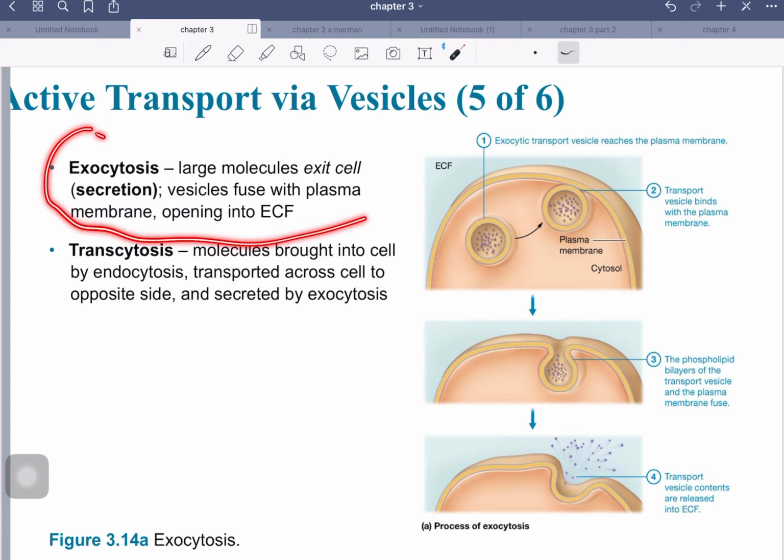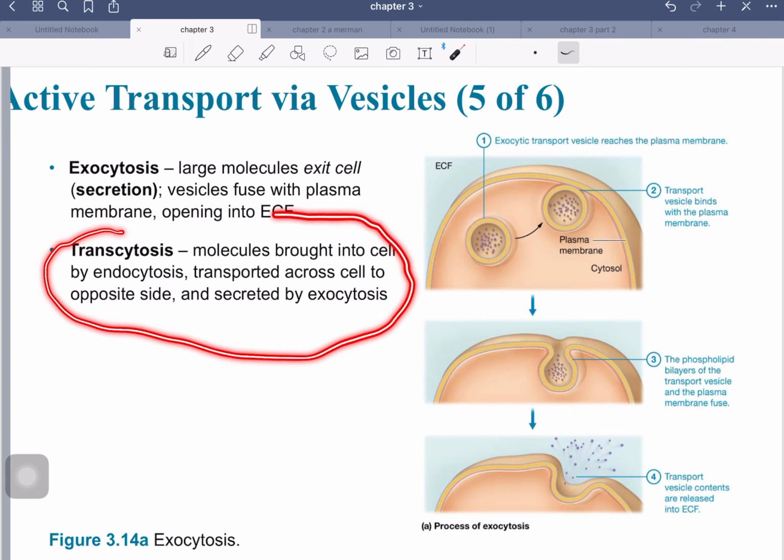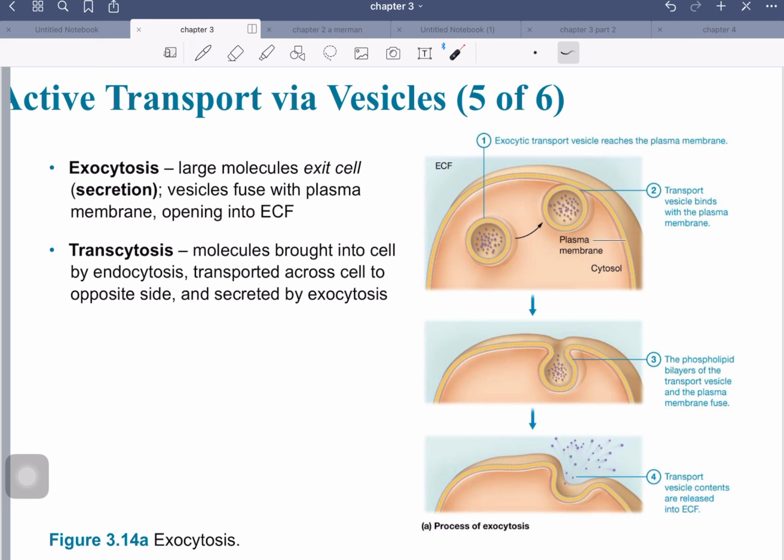Okay, so exocytosis. Now, there is a version of transport which we call transcytosis. And this is interesting because transcytosis is endocytosis followed by exocytosis. So material is brought into the cell by endocytosis. The material is transported across the cell to the opposite side, and then it leaves by exocytosis.